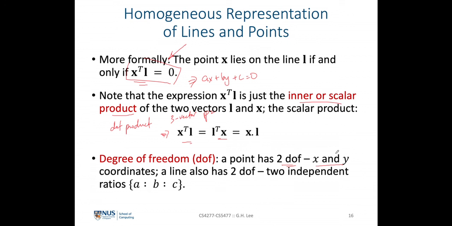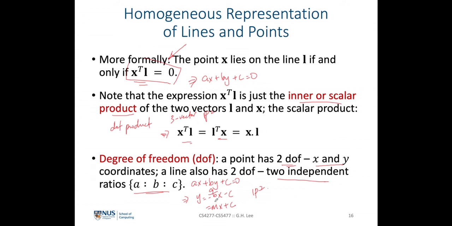X and y respectively have 1 degree of freedom, and a line also has 2 degrees of freedom in the 2D projective space, because there are 2 independent ratios of A to B to C. This can be made clearer by the example that I've shown earlier, that we can rewrite ax plus by plus c equals 0 into y equals minus a divided by b times x minus c divided by b, which is simply equal to mx plus c.